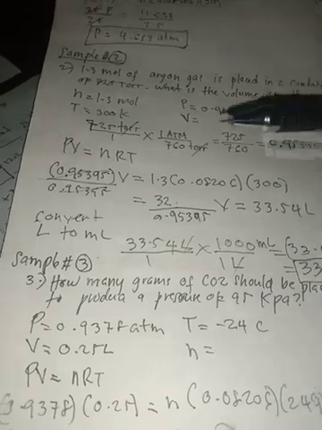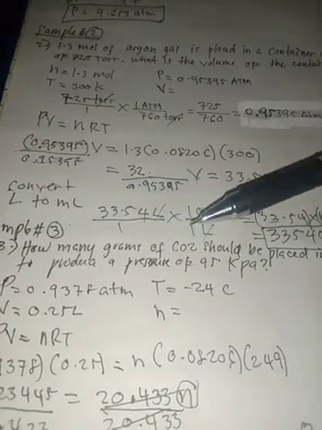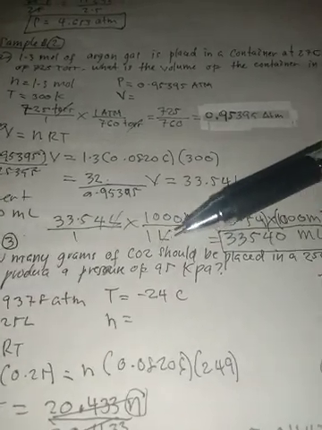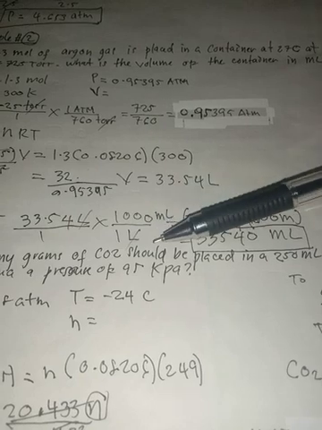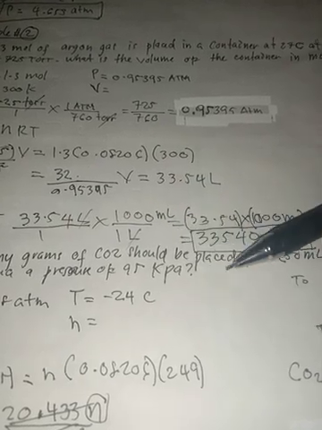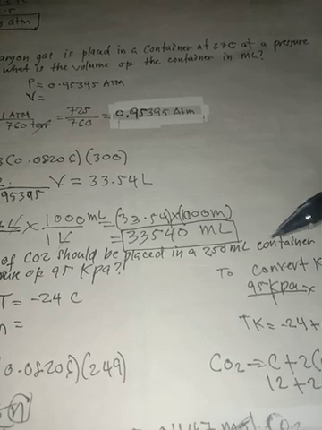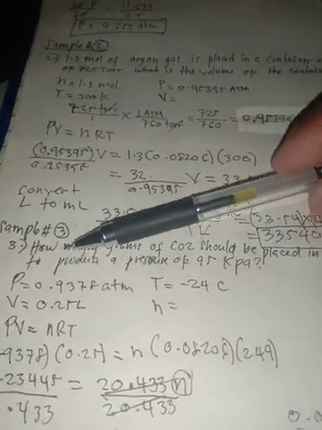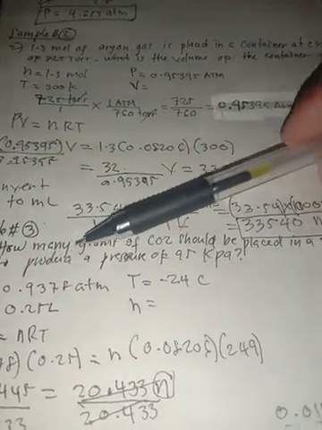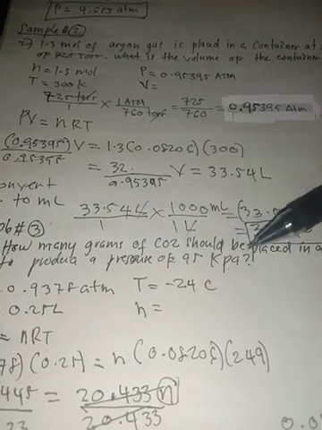Now in problem number 3, sample number 3: how many grams of carbon dioxide, CO2, should be placed in a 250 ml container at negative 24 Celsius to produce a pressure of 95 kilopascal?